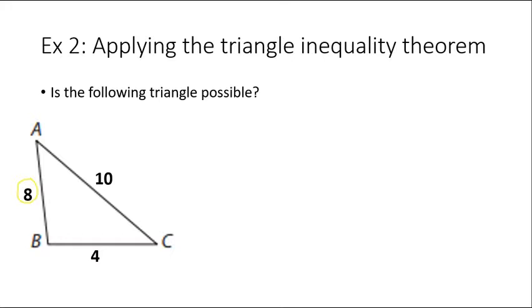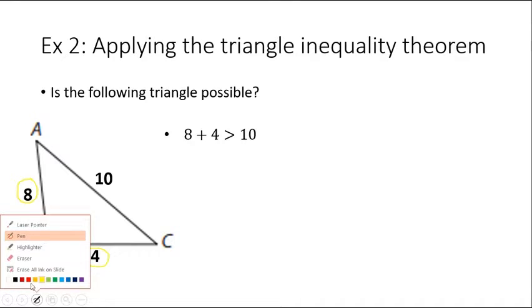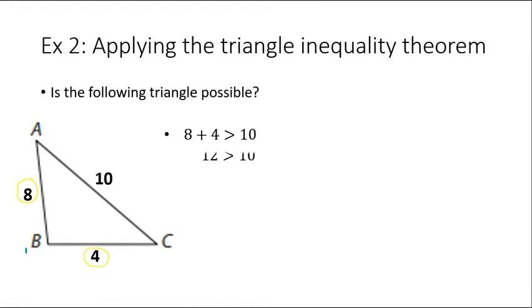I'm going to start with 8 and 4. And it has to be greater than 10. So I'm going to take here 8 plus 4. Is that greater than 10? So we add it together and we get 12 is greater than 10. So that means that works out.